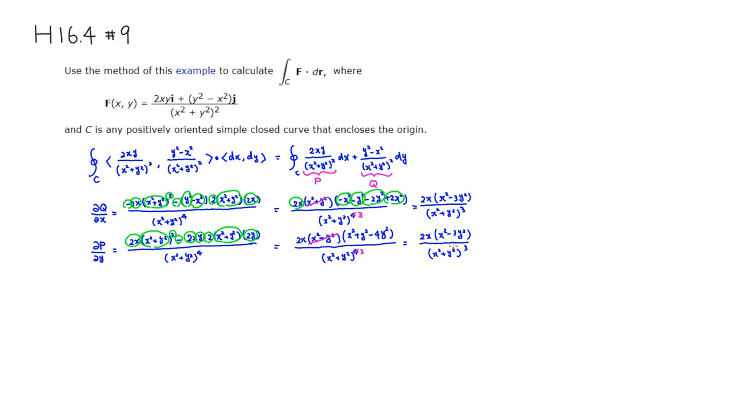You'll notice that we get exactly the same thing for the partial of Q with respect to x and the partial of P with respect to y.